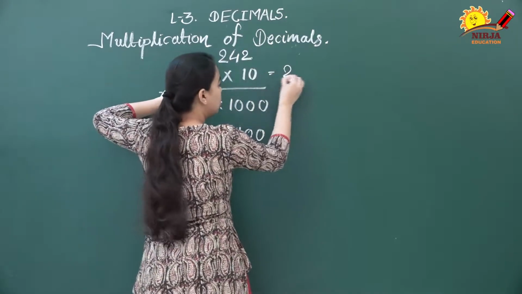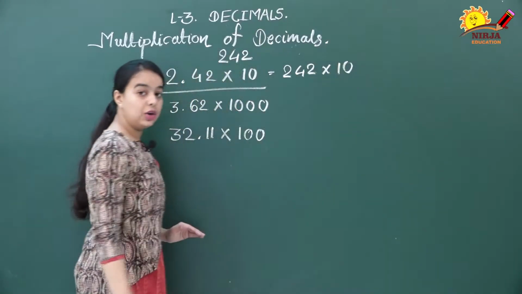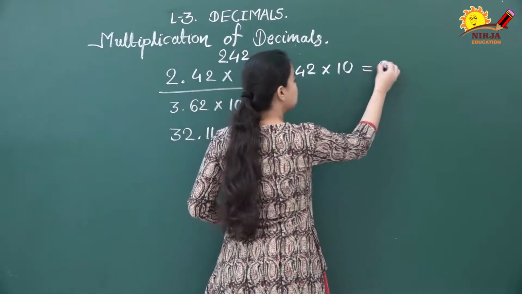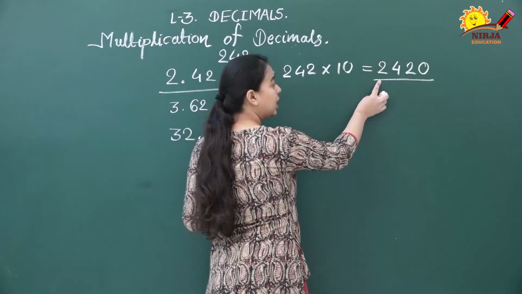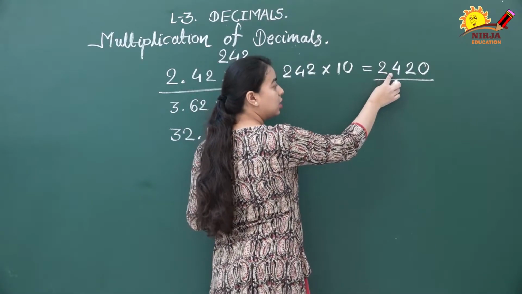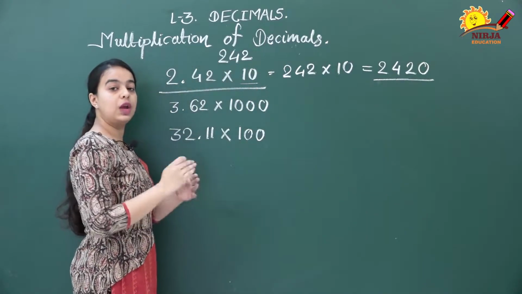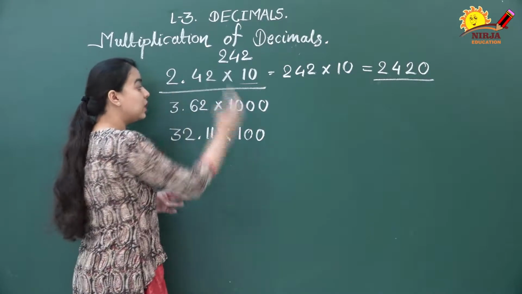So let's write 242 multiplied by 10. And we all know how to multiply 242 by 10. The answer is 2420.